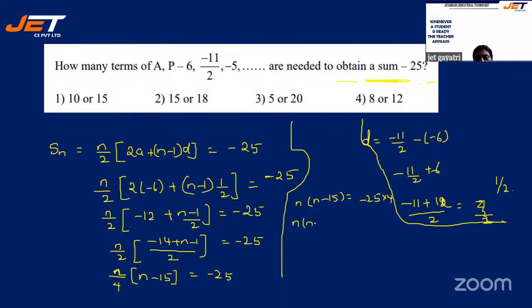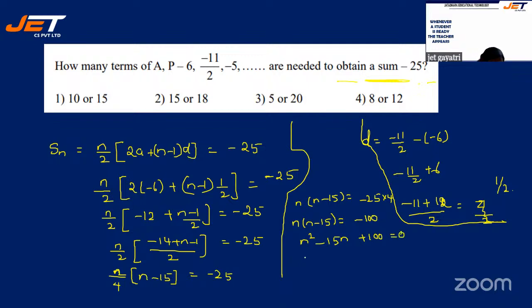So n into n minus 25 is equal to minus 100. Now let's expand: n square minus 25n plus 100 is equal to 0.